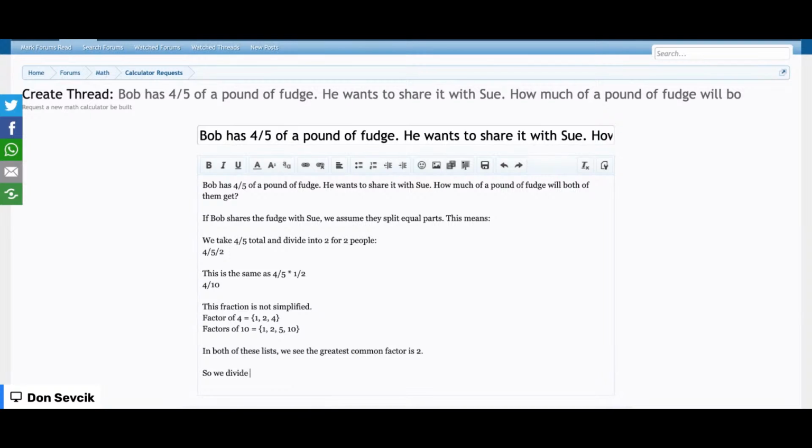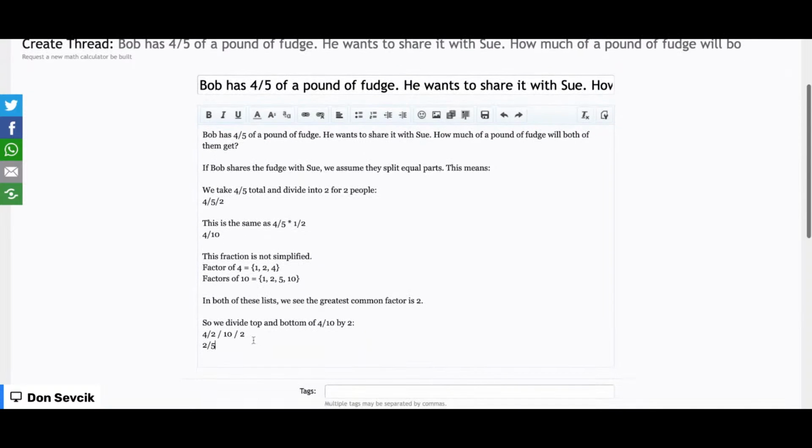So we divide top and bottom of 4/10 by 2. 4 divided by 2 over 10 divided by 2 is just 2/5. So each person, Bob and Sue, gets 2/5 of a pound of fudge.